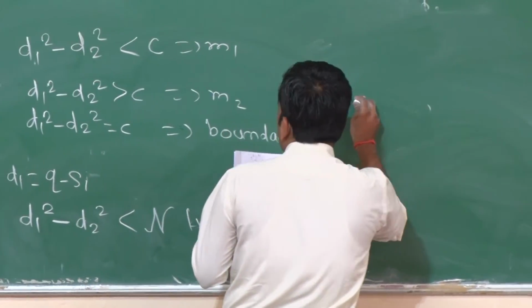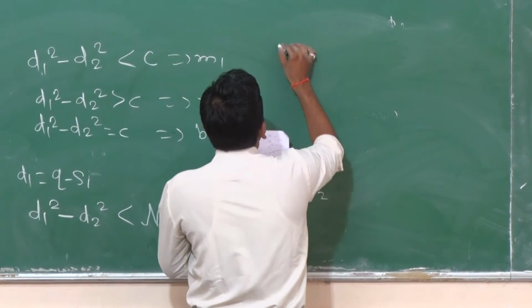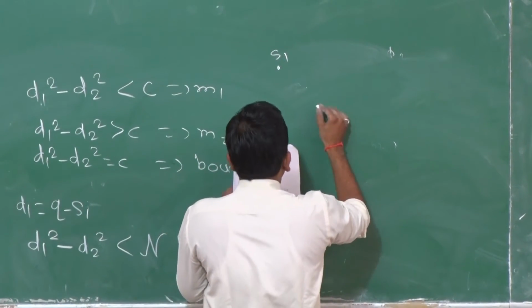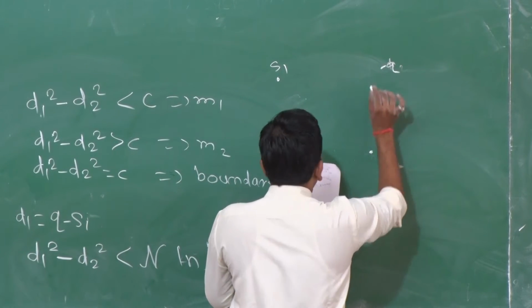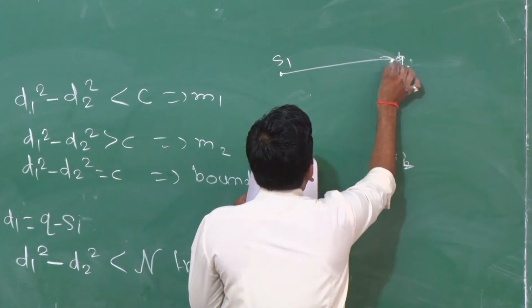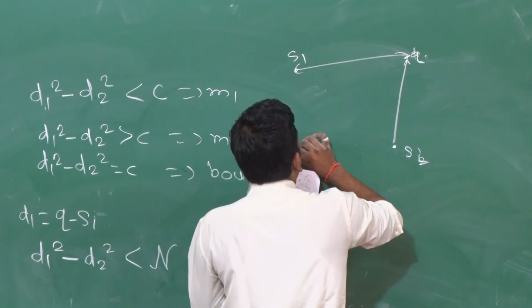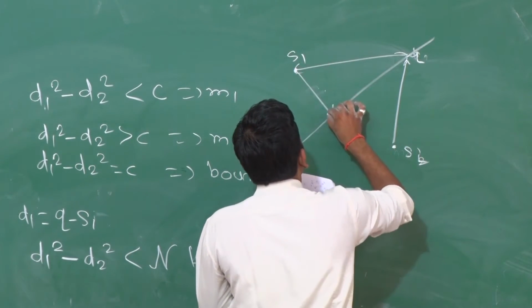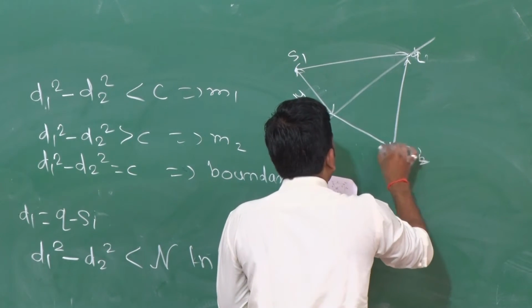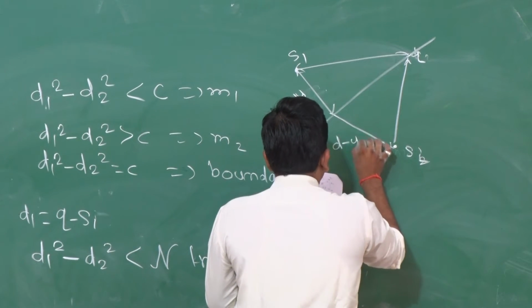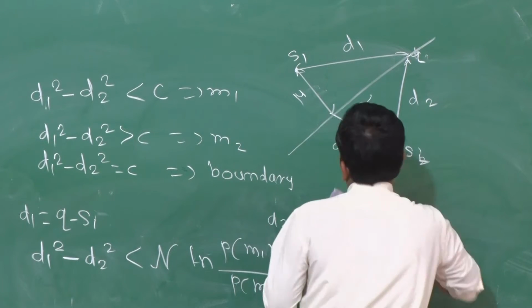So here we have to find this mu, d and c. This point is s1, this is s2, this is your q. This one is mu, d minus mu, this is alpha, d1, d2.